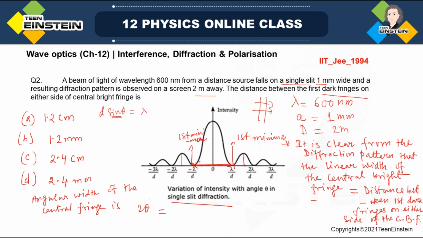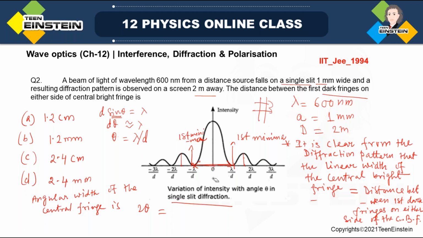If theta is very small, we can write d theta nearly equal to lambda. So theta is equal to lambda by d, and the same will occur on the other side.